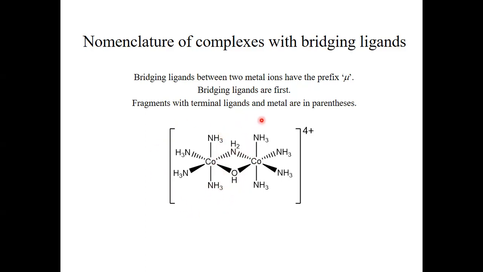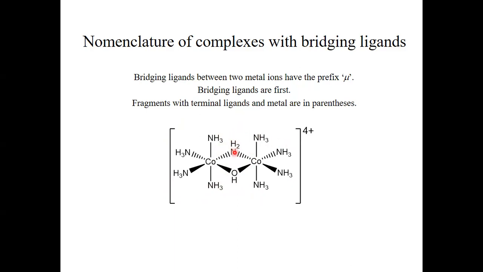Now we have 2 that are identical, and we place them in parentheses, and we place again the correct prefix. Because these fragments are more complex, we again use the prefix bis instead of the prefix di to indicate that there are 2.